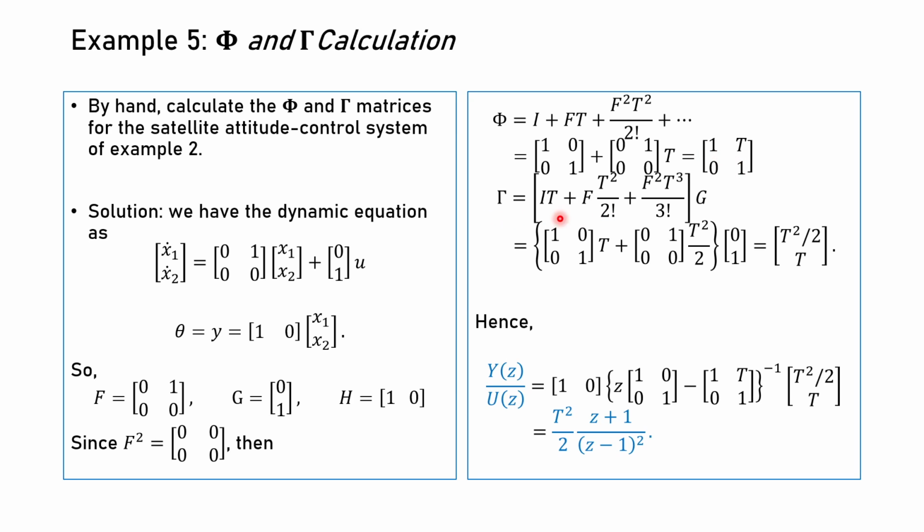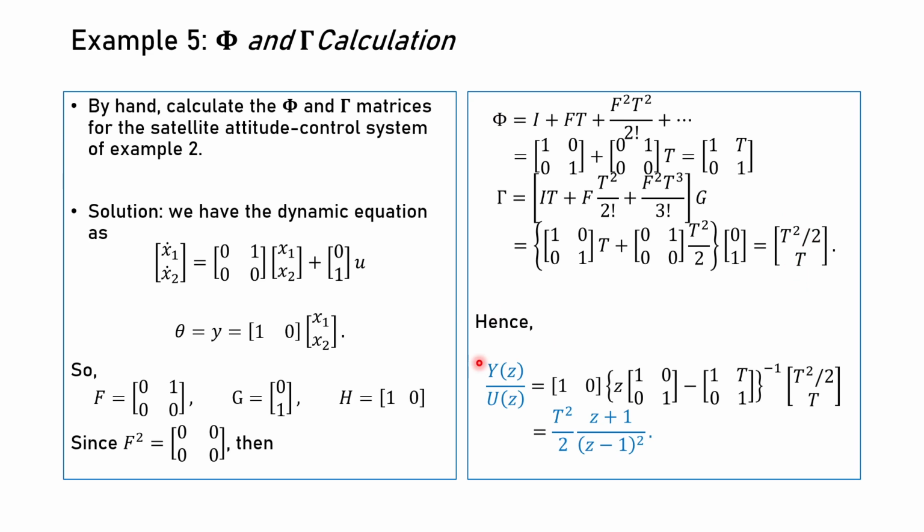Gamma is also in Taylor series form. You only compute it up to first order, and then finally you get this value. This is a square matrix, and this is just a vector.